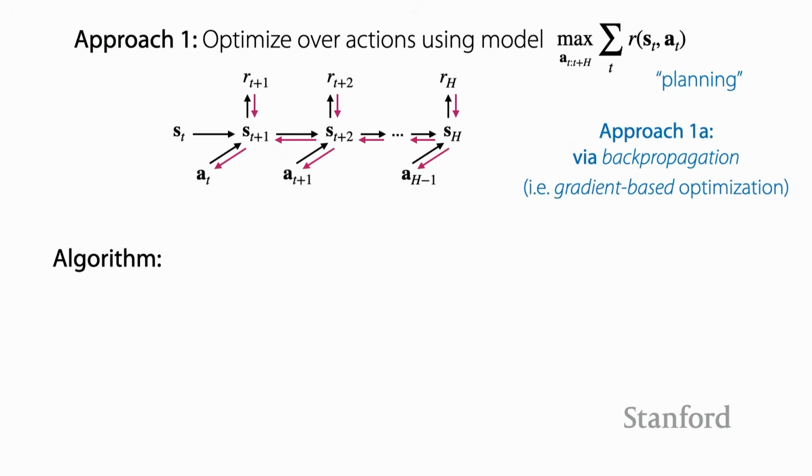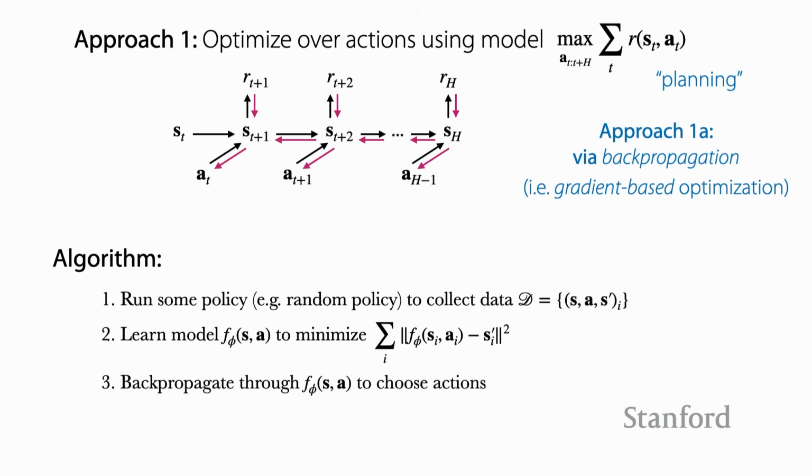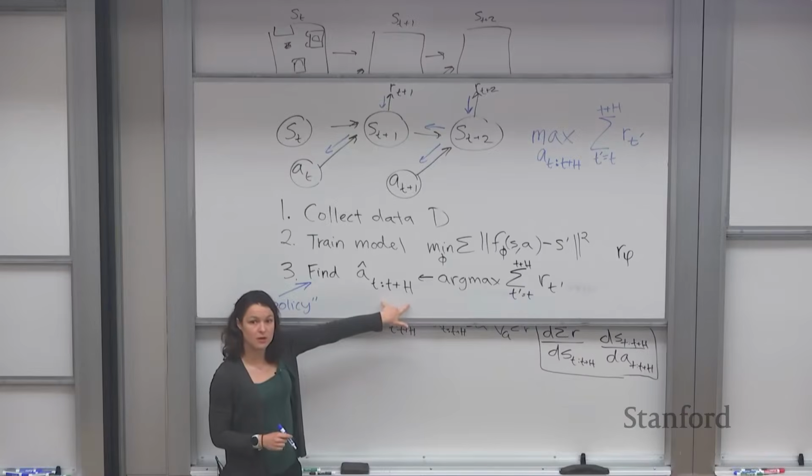So on the slide, we're going to be running some policy to collect data, learning a model to try to accurately model the dynamics, potentially also learning a reward function as well. And then we'll be backpropagating through the reward and the dynamics in order to choose actions. Once we choose those actions, we'll be executing these actions in the environment.